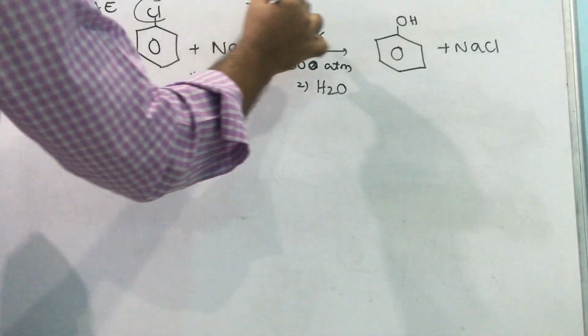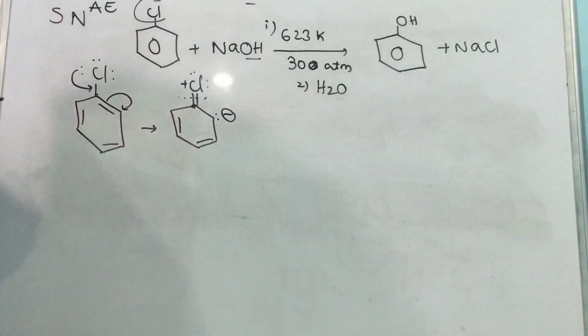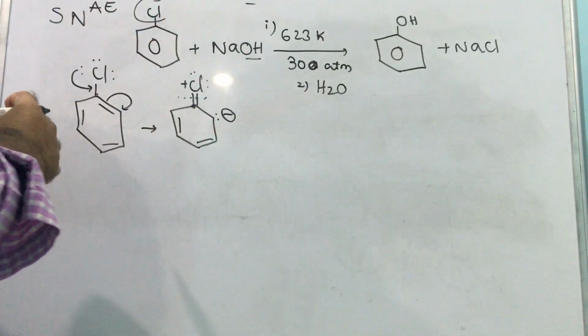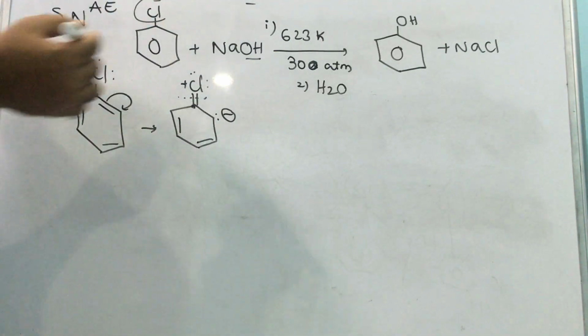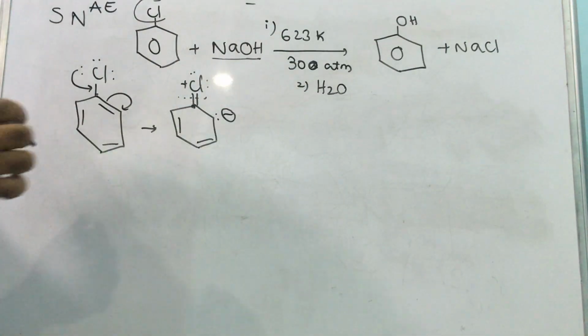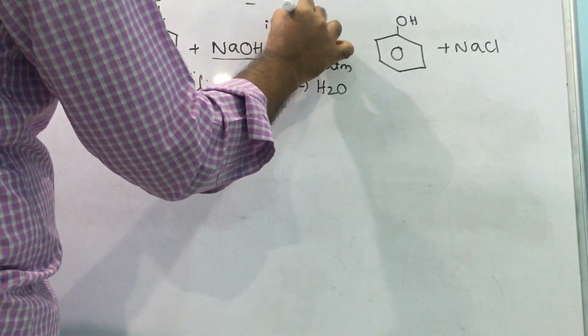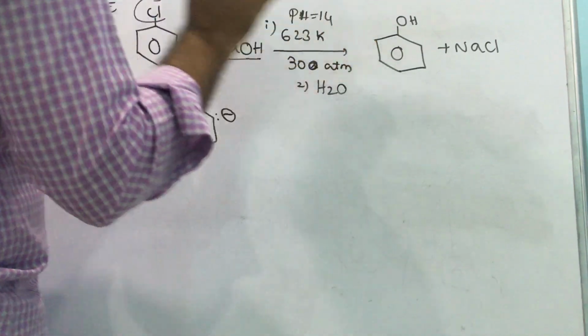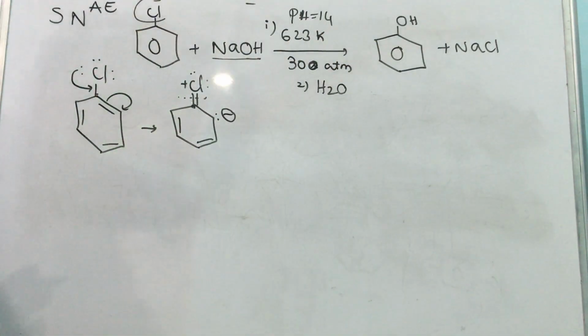That's why we use drastic conditions, that is 623 Kelvin, 300 atmosphere pressure. And it should be highly basic, nearly pH 14, strongly basic in nature. Then only this reaction is possible.